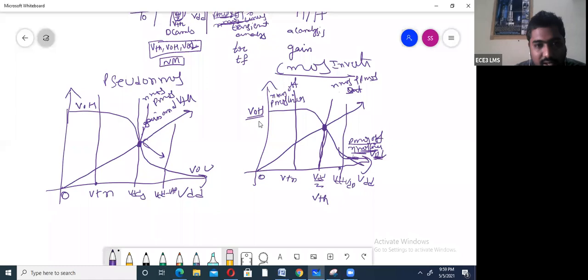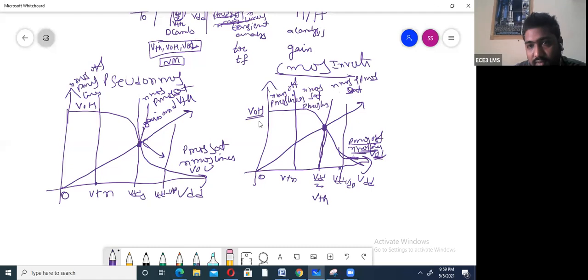Here PMOS means pseudo saturation. Here also NMOS off, PMOS linear. Because PMOS is not off, PMOS is in saturation region only, NMOS linear. So while finding VOL, PMOS is in saturation region and NMOS is in linear.